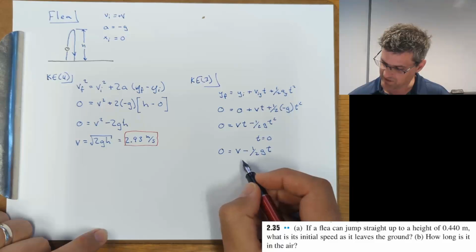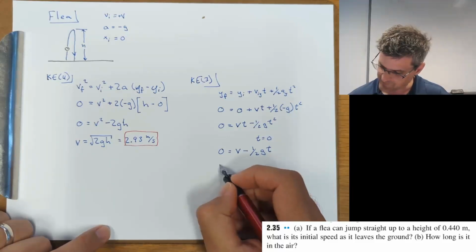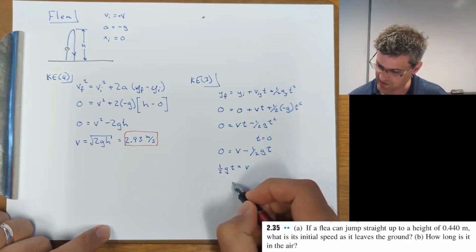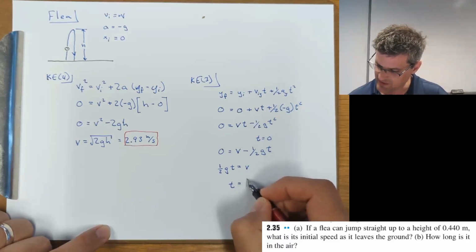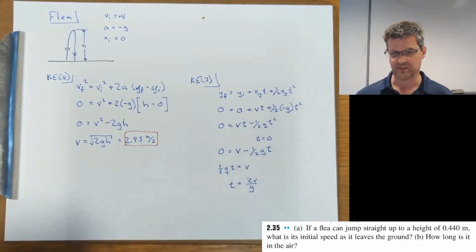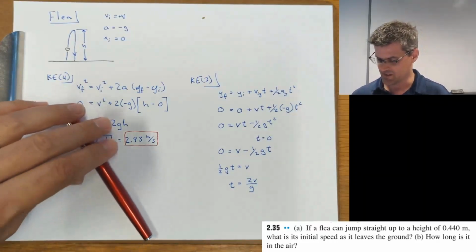Now algebraically solving this, 1/2 g t is equal to v, or t is 2v over g. This is the time that the flea is in the air.